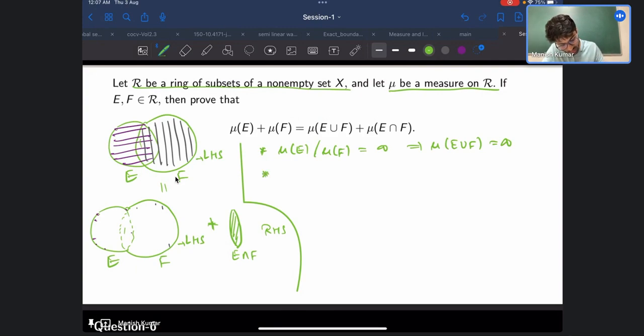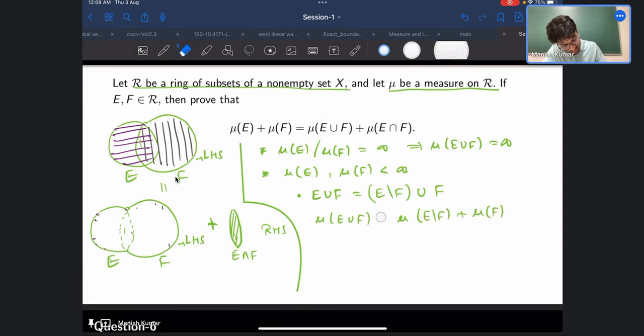So the interesting case would be to assume that mu of E and mu of F both are finite. Let us first try to say this E union F. I can write E union F as E minus F union with F. So mu of E union F will be equal to mu of E minus F plus mu of F. Why?